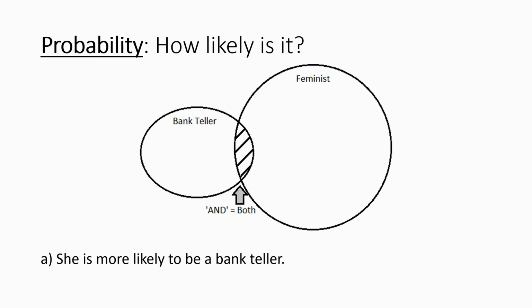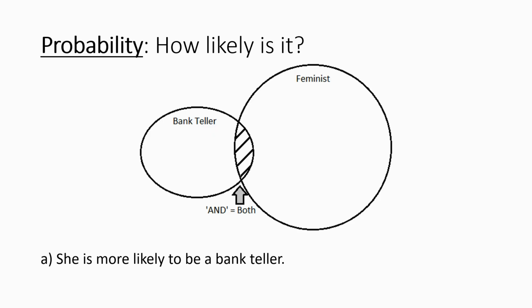The correct answer is A. Linda is more likely to be just a bank teller. If you picked B, don't worry. This question has been widely studied over the past 40 years, and research shows that more than 80% of people tend to answer incorrectly. The reason for this common mistake is how our brains interpret information. Just like I said, intuition tends to fail us when it comes to probability.